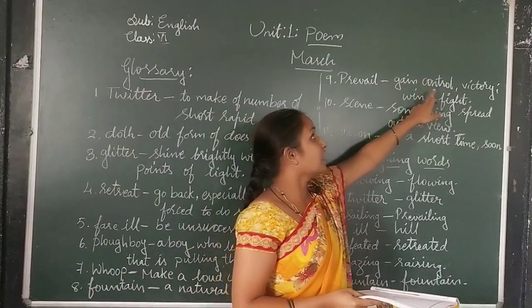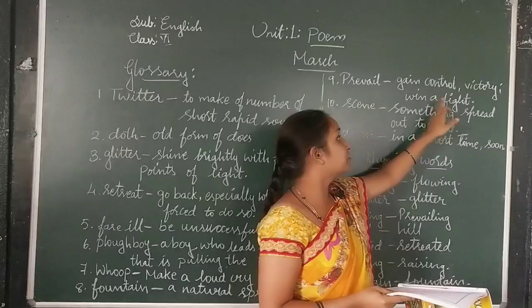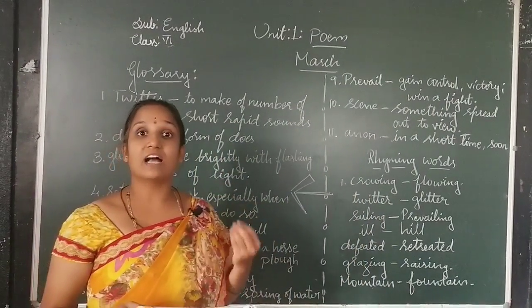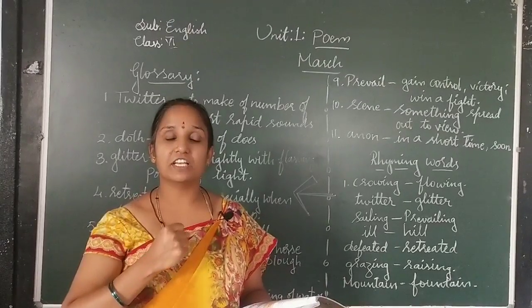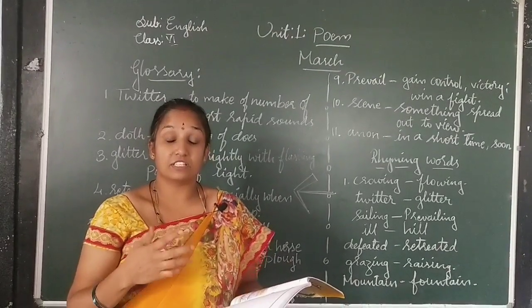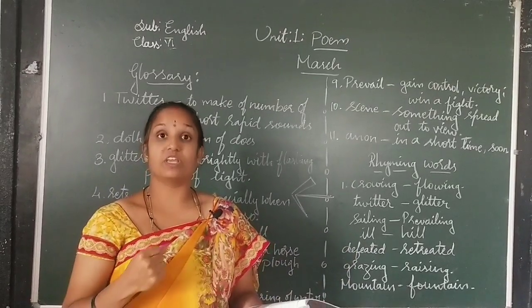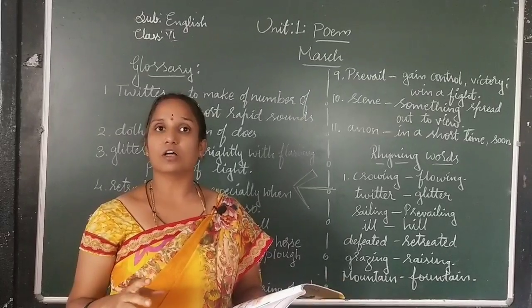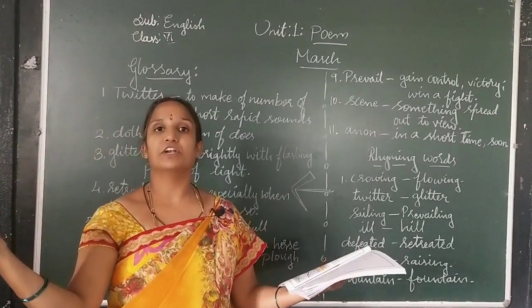It is gaining control or victory, winning a fight. It means the people who have done their work have won a victory, and they seem to say, yes, we have done it. The rain is over and gone. The rain has come and it has gone off.